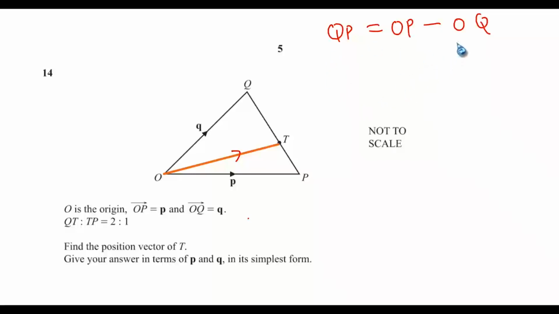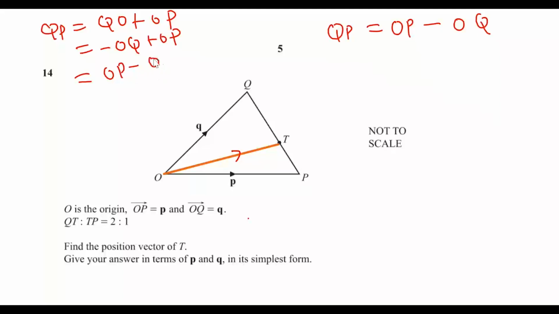If you are still confused, you can just say that QP will be equal to QO plus OP, and this will be equal to minus OQ plus OP, and that will be OP minus OQ. So you still get this. It will be equal to OP, which is P, minus OQ, which is Q. So this is the value of vector QP, and we need the value of this.